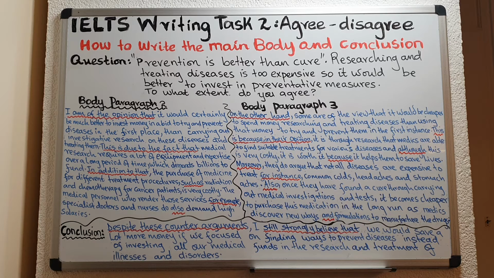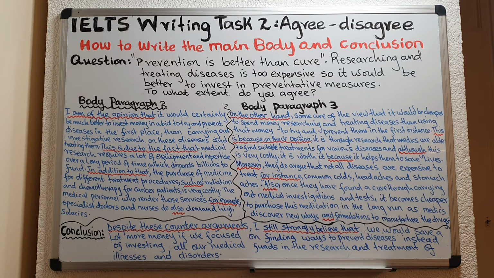So the third reason that people give to support their opinion, when they say that we should invest all our money in researching and treating diseases instead of preventative measures, is that once they have found a cure through carrying out medical investigations and tests, it becomes cheaper to purchase this medication in the long run as medics discover new ways and formulations to manufacture the drugs.